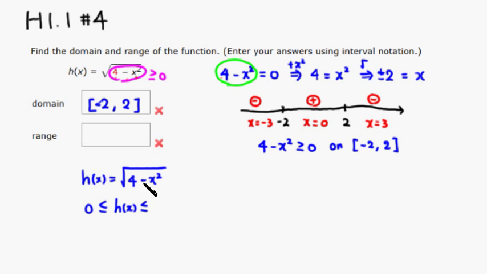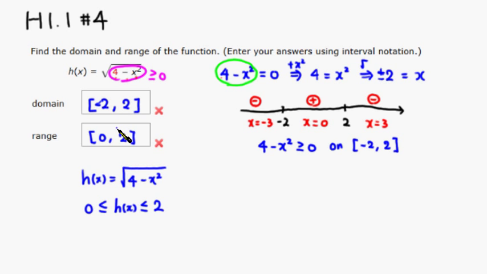So you have the square root of 4 minus 0, which is 2. So 2 is the largest possible function value, because we cannot get any larger than that. So the largest value is 2, and the range is between 0 and 2, starting from 0 and ending at 2.